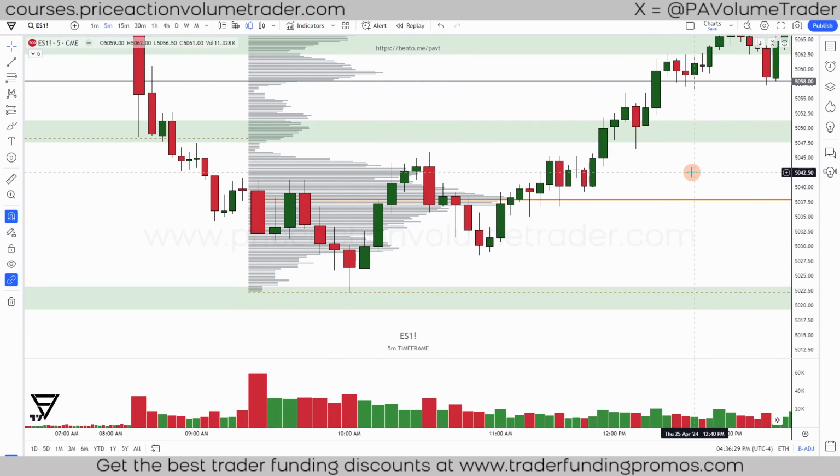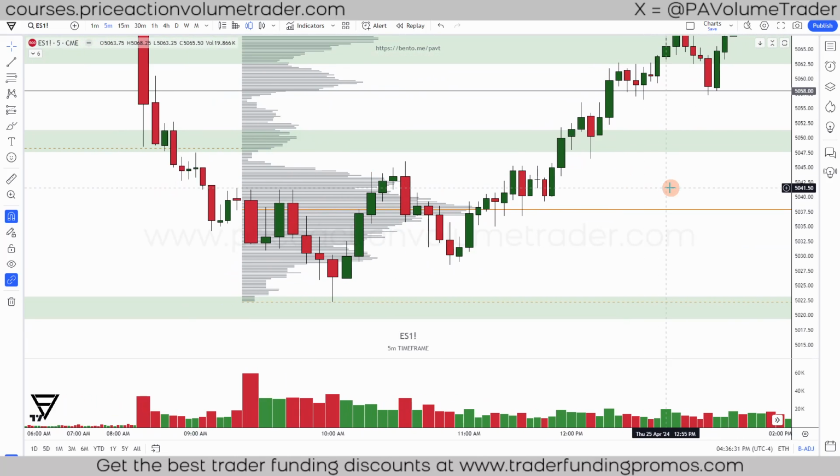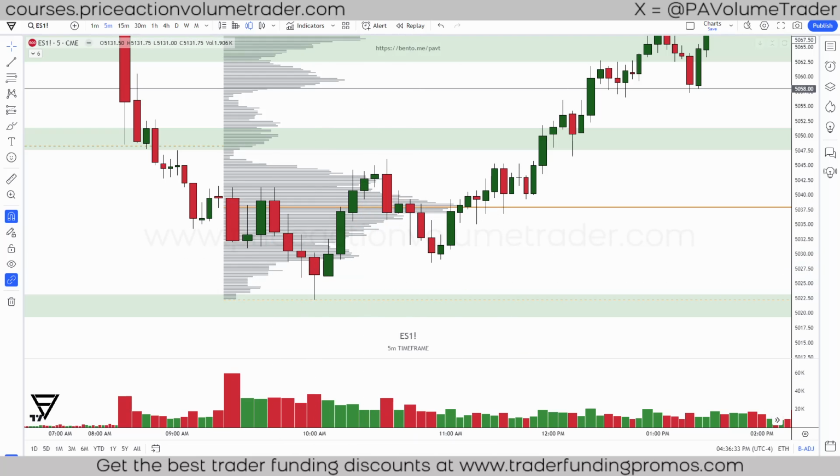Now if I zoom in here, you can see that while we're forming this pattern right over here, we have a very clear level of resistance right around the top edge of this high volume node.